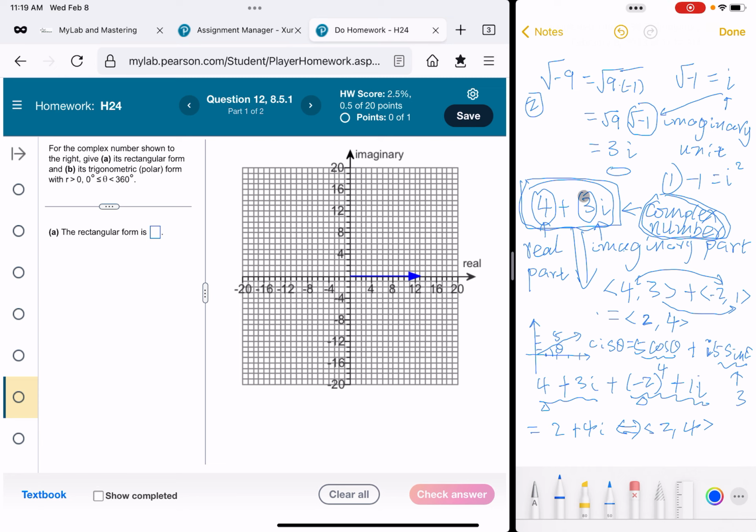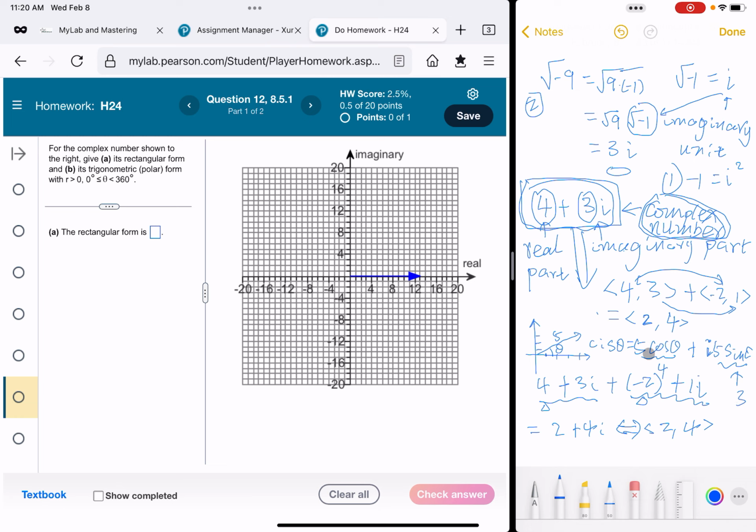So we can rewrite this rectangular form into this form. Radius 5 times cosine theta, we get 4, the x coordinate. And then plus the imaginary part, i is still here. Then the radius times sine theta will be 3.